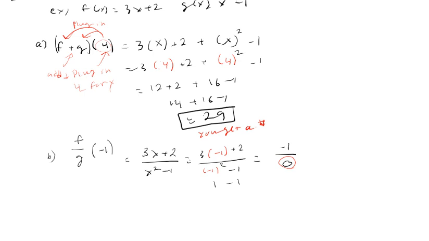And literally that word is what you use in the answer. If you ever have a situation where you divide by 0, your answer is undefined, because we're not allowed to divide by 0. So negative 1 gives us no response.